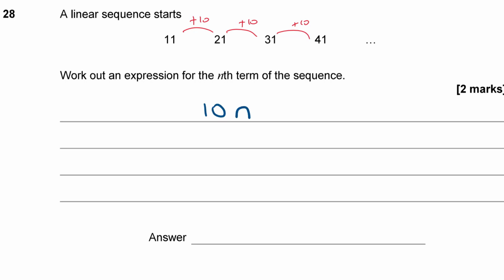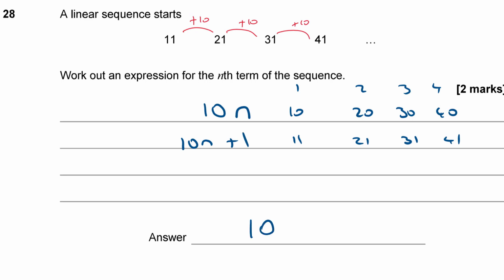So where n is 1, 2, 3, 4, then 10n is 10, 20, 30, 40, and so on. But we've not got 10, 20, 30, 40. We've got 11, 21, 31, and 41. Now each of our numbers is one more than 10n. So we must have 10n plus 1. And that is my nth term, 10n plus 1.